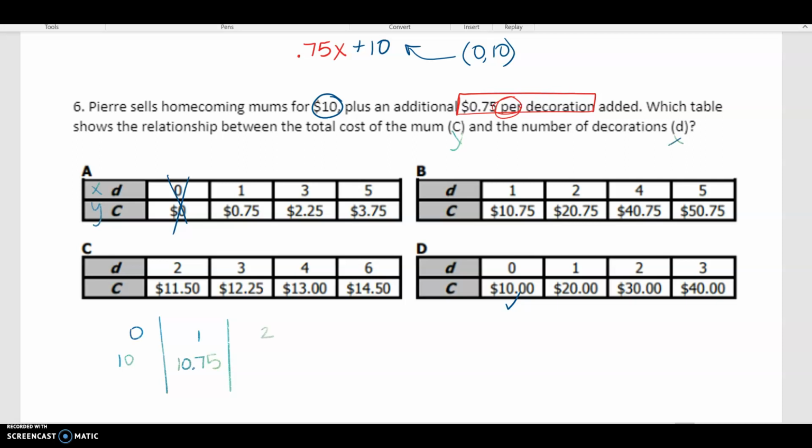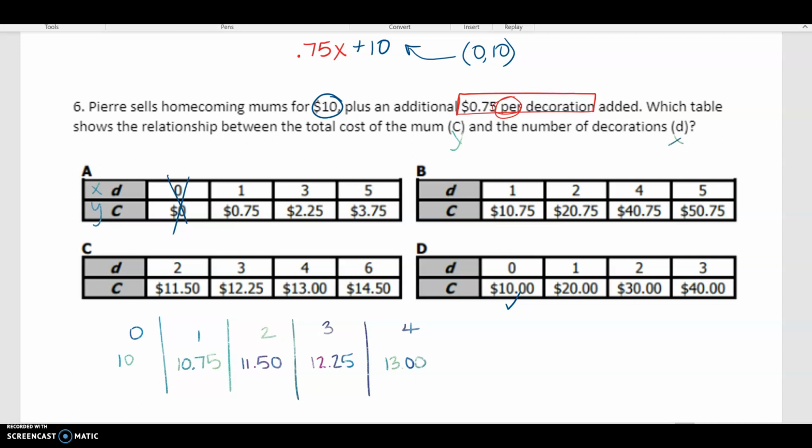If I add 2, it's 75 more cents, so $11.50. If I add 3, let's see, 75 more cents, so that's $12.25. If I add 4, it's going to be $13. Okay, so I just went ahead and made my own table. It was easier for me.